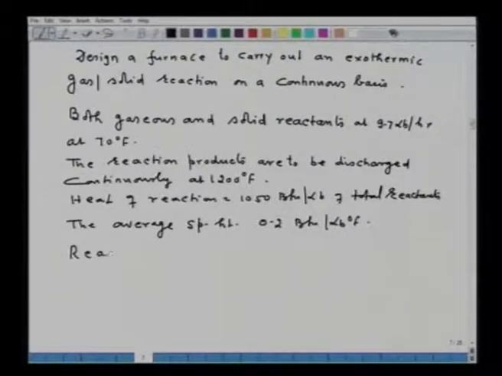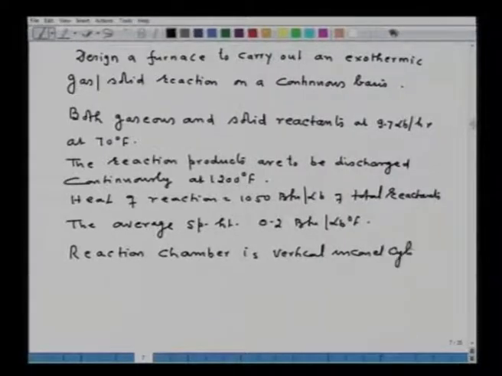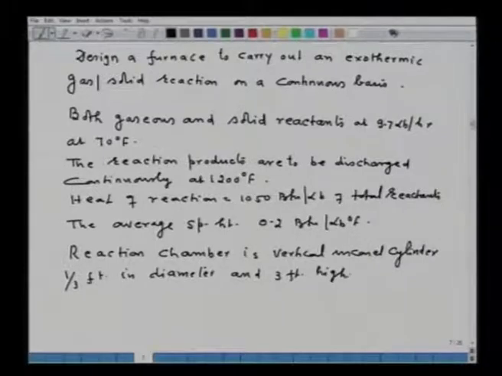Reaction chamber is a vertical inconel cylinder, 1/3 feet in diameter and 3 feet high, and it has all facilities to feed and discharge the product continuously.